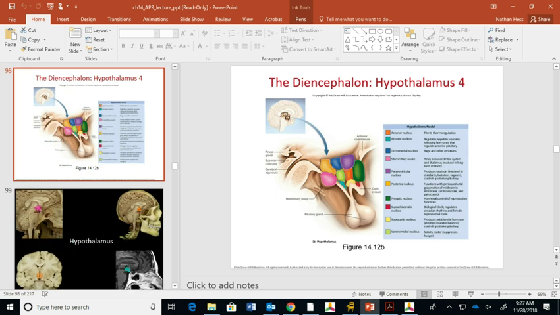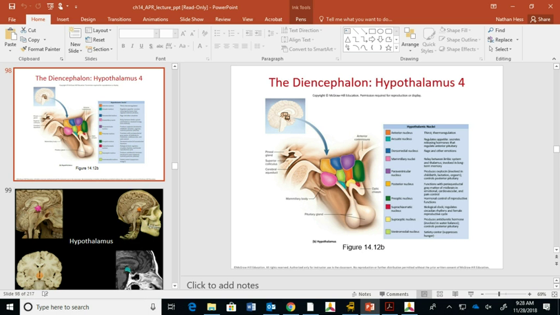Here's a closer look at that hypothalamus. These colored pieces right here, and again, this is in your textbook on page 522. They're showing you the thalamus above that, and then the hypothalamus below it. And you see that right attached here is the pituitary gland.